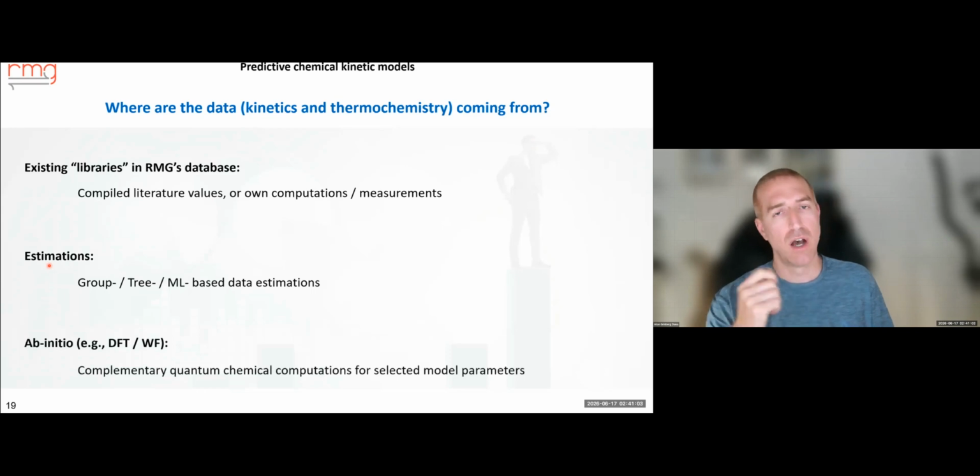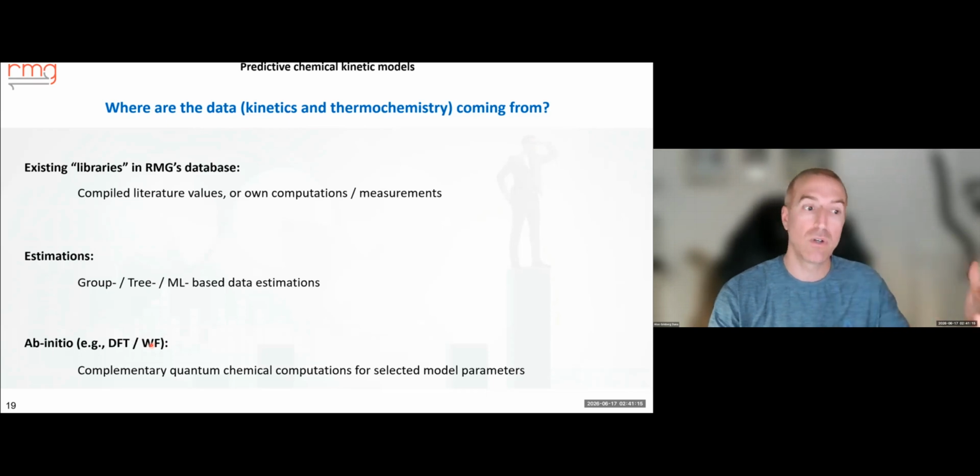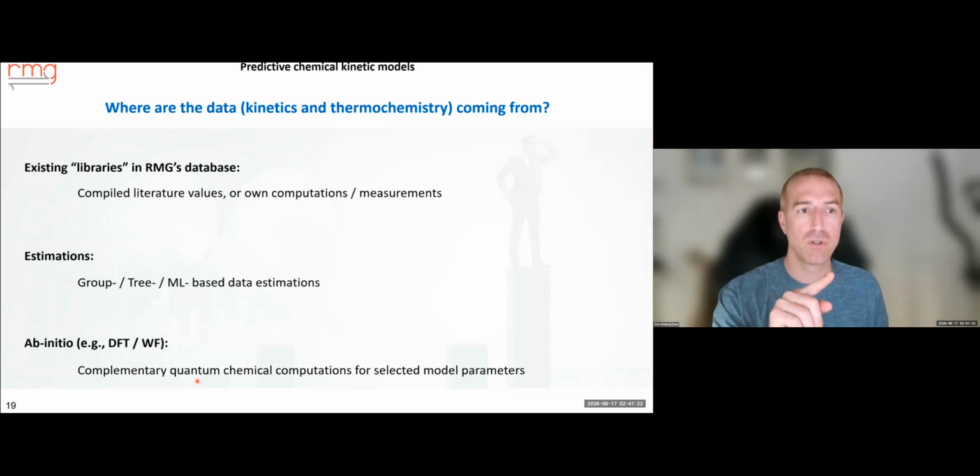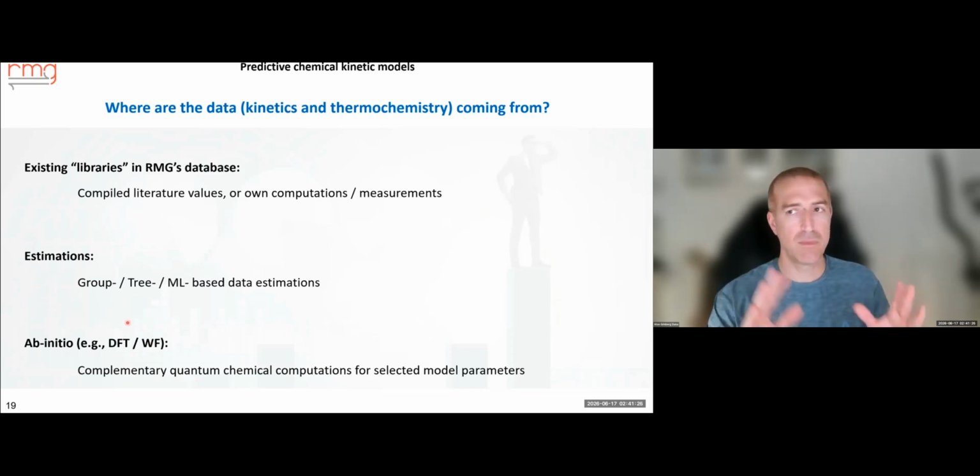And here we use ab initio methods, ab initio calculations, DFT, density functional theory, or wave function, which are more advanced methods like coupled cluster. So we use these quantum chemical computations to improve the model. So now we have the skeleton, we know the mechanism, we know pretty much how it works, and now we can also improve it and make it more accurate.